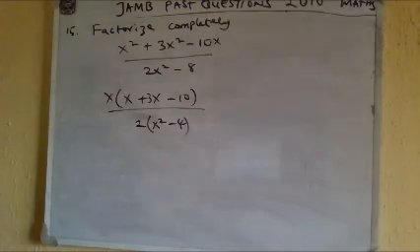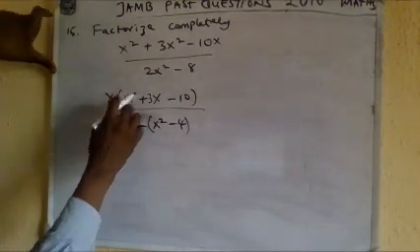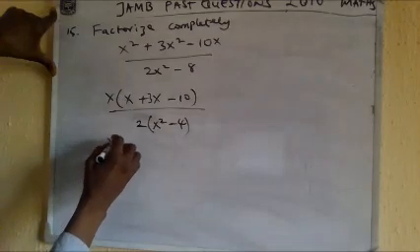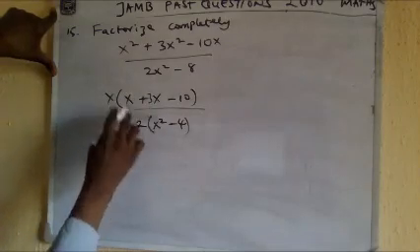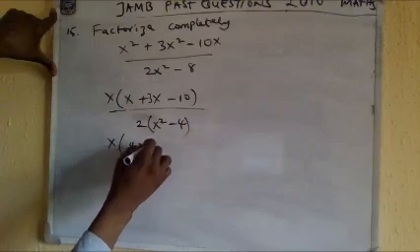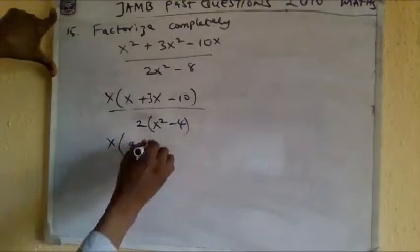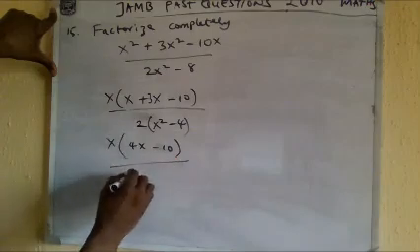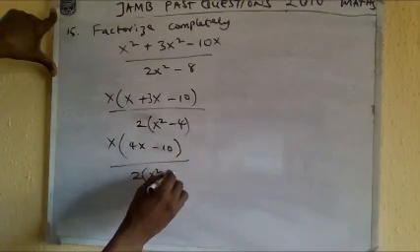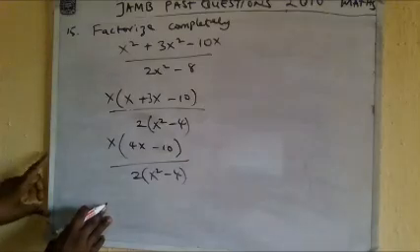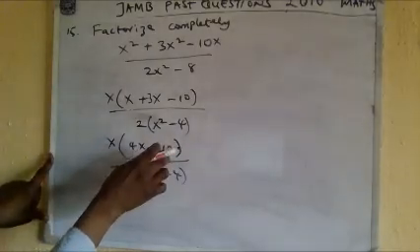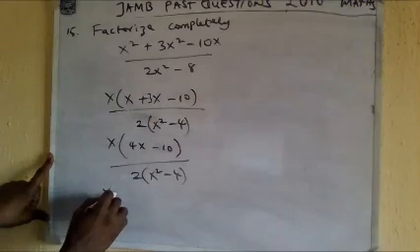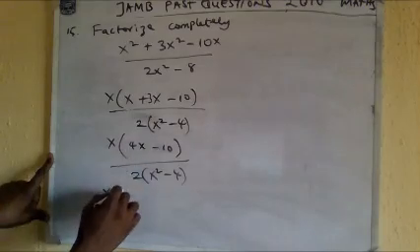At this point, I can add these two. So x outside, x plus 3x is 4x minus 10 all over 2 into x squared minus 4. So this one too can be broken down. There's a common factor here. x into, 2 is common.